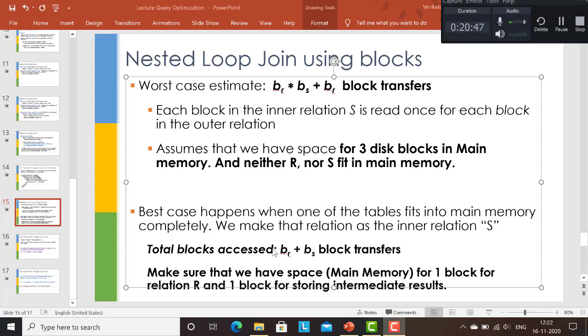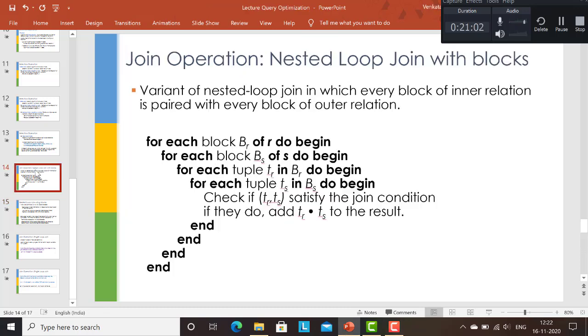So in such a case, your total number of disk block accesses will be BR plus BS. I hope you got an idea of how to evaluate the cost of block nested loop joins.